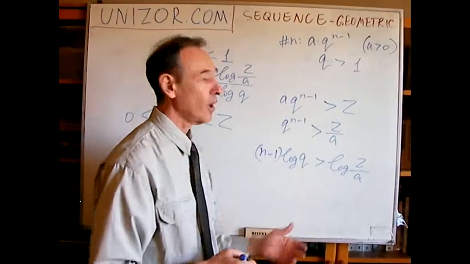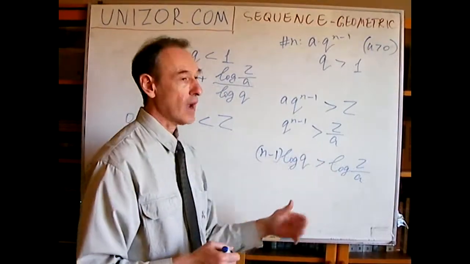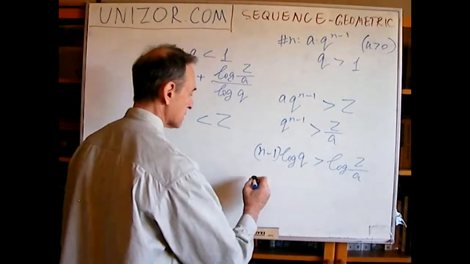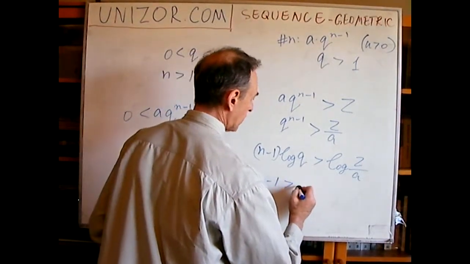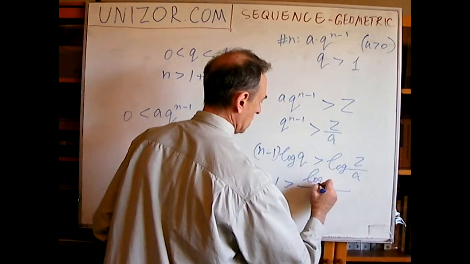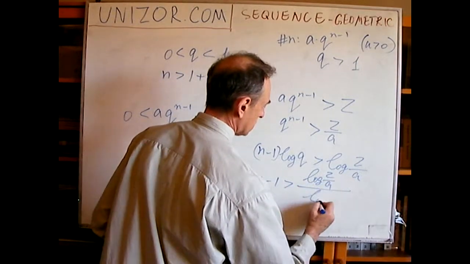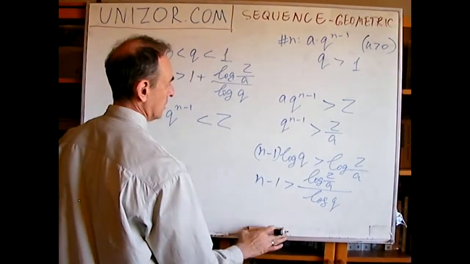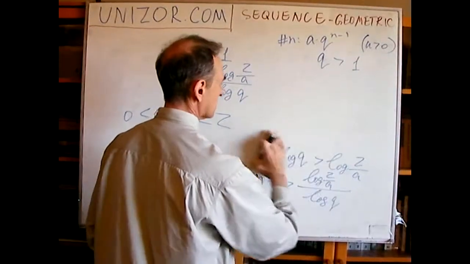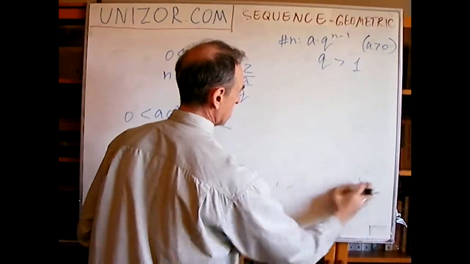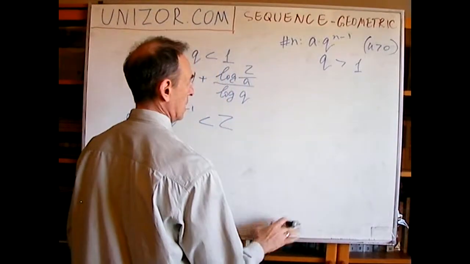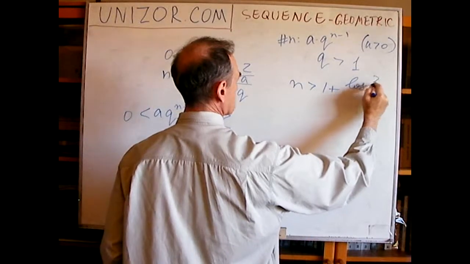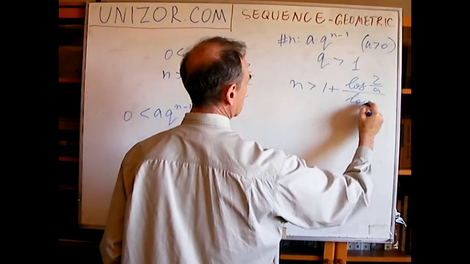So you divide by positive number left and right parts of inequality, retaining the inequality sign. So it remains greater. N minus 1 greater than log z over a divided by log q. And as a formula, we have exactly the same thing as you see. N greater than 1 plus log z over a divided by log q.